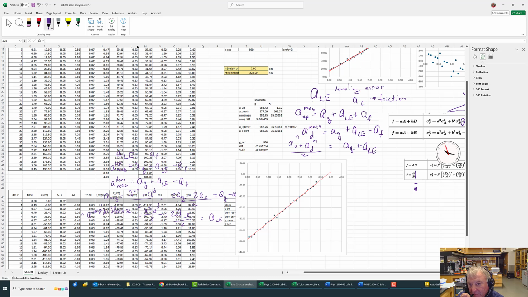So then when we get the average, we will remove the effect of friction. And then if we take the difference and divide by 2, that's going to equal, now, the AGs cancel, the leveling errors cancel. So this is going to equal the acceleration due to friction.